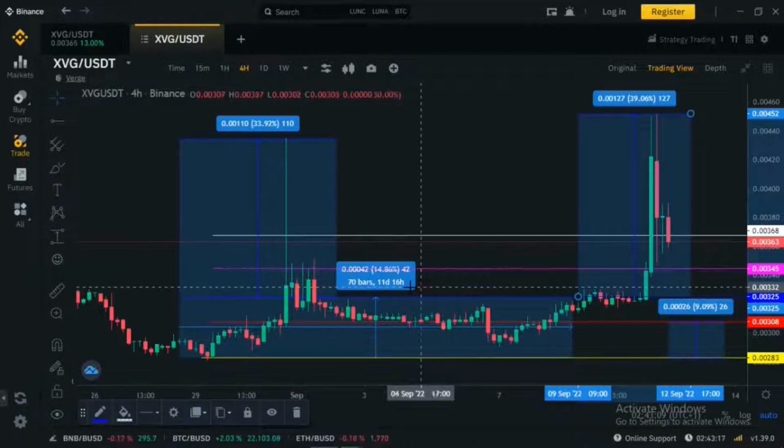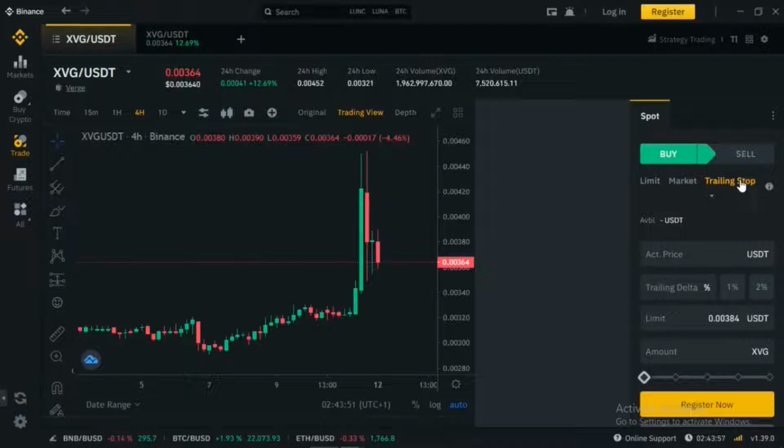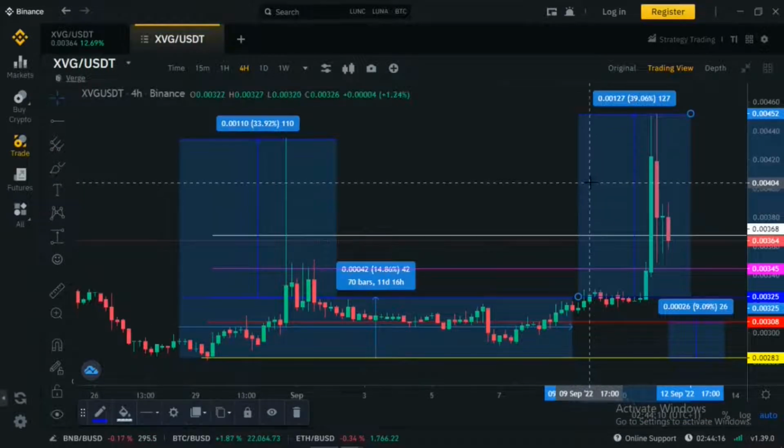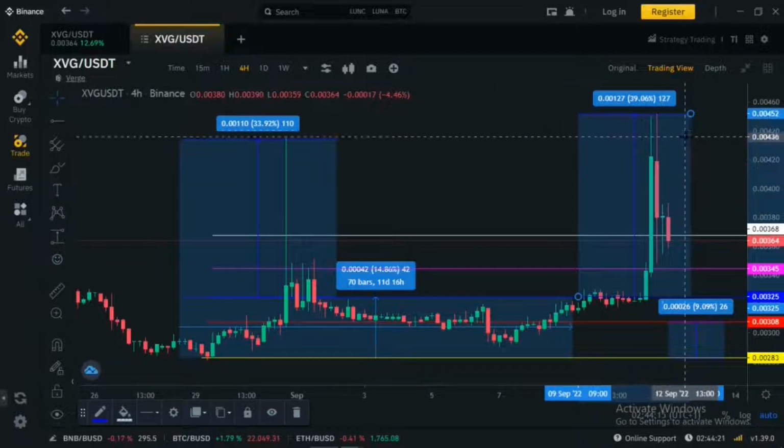I waited for the current price action of the XVG to bounce to the take profit price, which is 0.00368, before placing a trailing sell order on the Binance Exchange. So in total, I made a 39% profit on this bounce because I used the trailing sell order form to place my sell order.